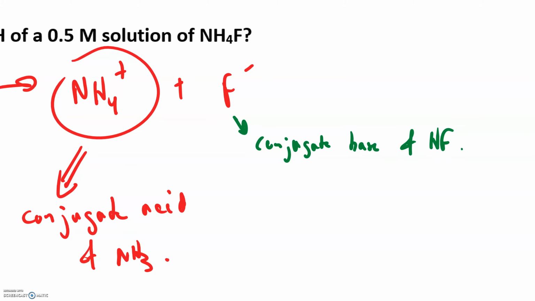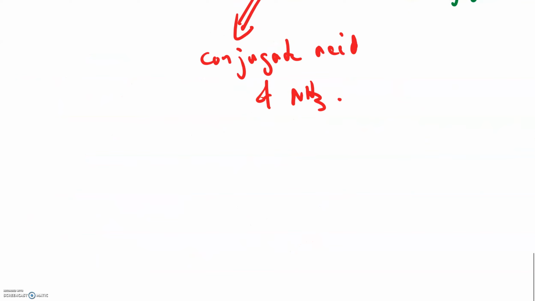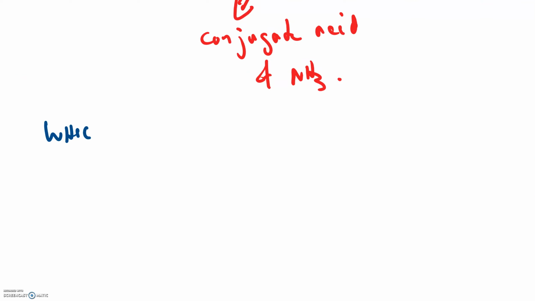Well, what's this going to do then? You've got a conjugate acid and a conjugate base. The way we solve for one of these is we say, okay, which is larger, Ka or Kb? Whichever one is larger dictates how this salt is going to act.